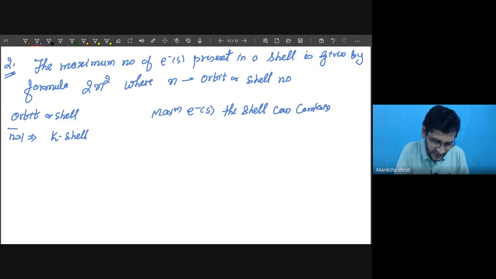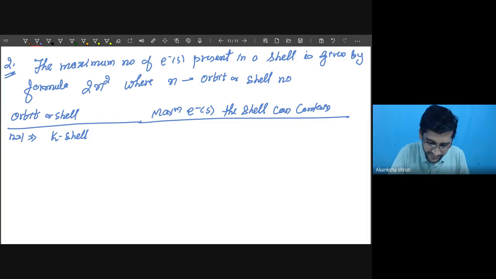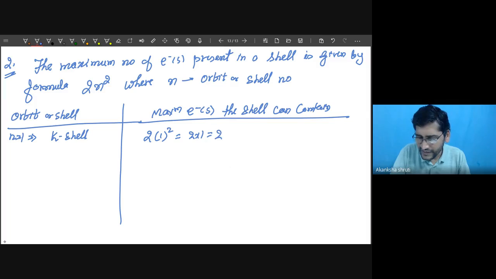So I'm going to write this in tabular form. For this K shell, we have to follow which rule? So the maximum electrons it can contain for K shell must follow 2 into 1 square. It becomes how much? 2 into 1, it is 2 electrons.